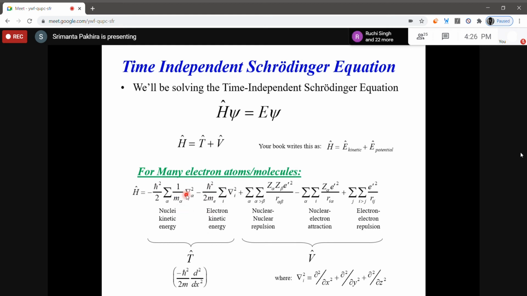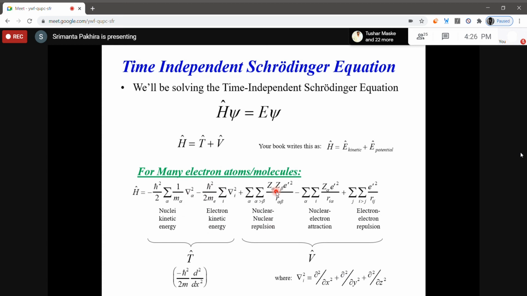Let's say we have many electrons and many nuclei. Then the first potential term will come: nuclear repulsion, which is just Coulomb repulsion, Z alpha Z beta e prime squared by R alpha beta. It is basically the nuclear repulsion term. Then the next term is the nuclear-electron attraction term. Why?